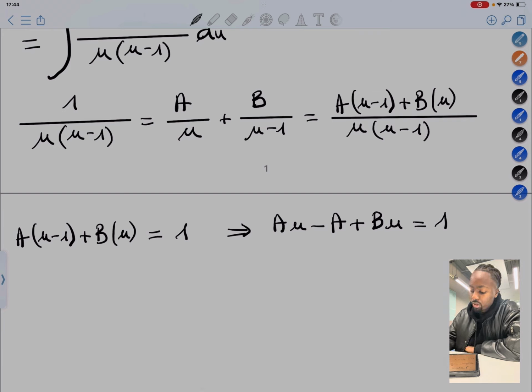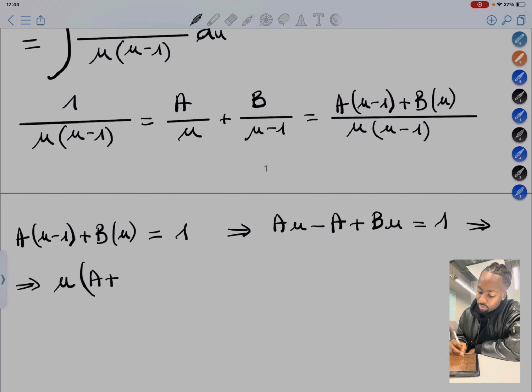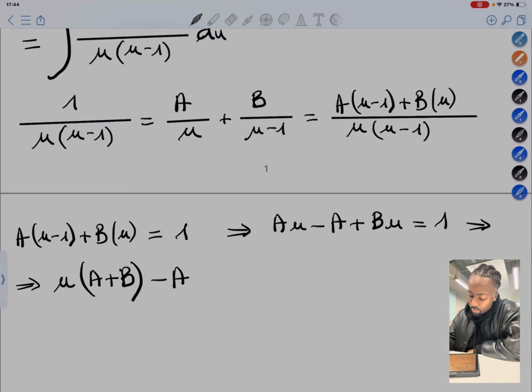Now what we're gonna do, we're gonna collect u, and then we're gonna be left with a plus b, because we take u from both this and this, and then minus a, isn't it? Yeah, this is equal to 1.